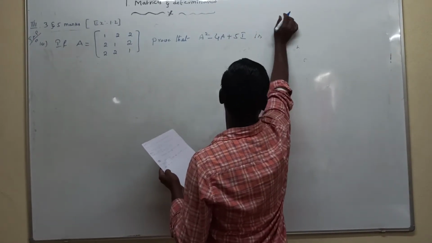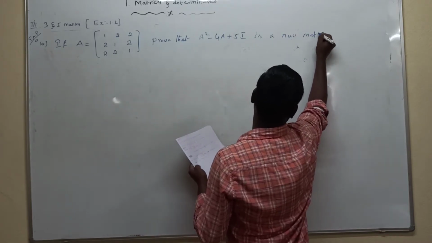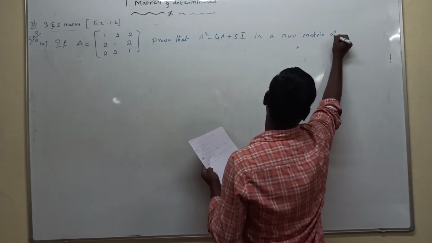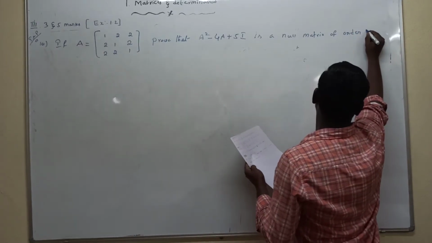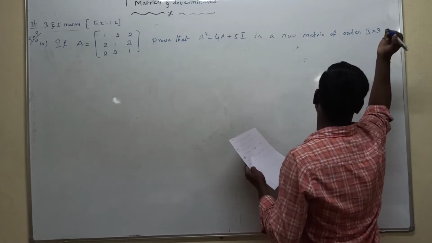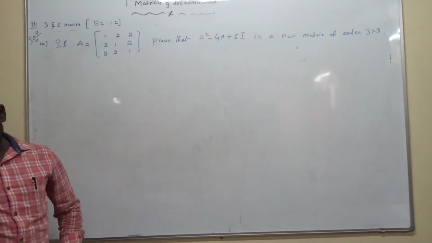The null matrix order is 3 by 3. We need to calculate a null matrix of order 3 by 3.